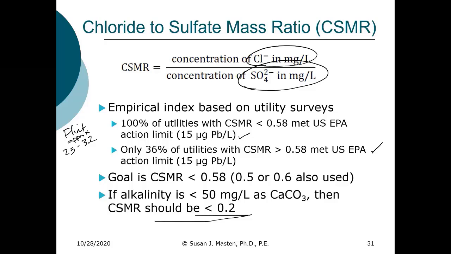So that is a significant increase in the CSMR. That was because of the ferric chloride that was added, which releases 3 chloride ions for every 1 mole of ferric chloride that's added, or 3 moles of chloride for every mole of ferric chloride that's added.